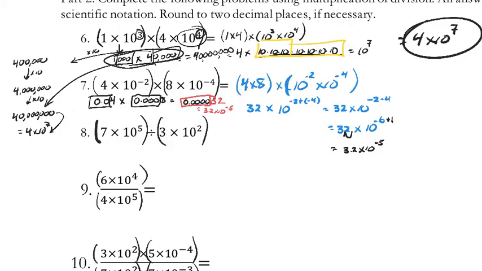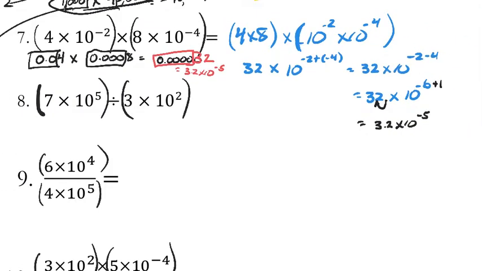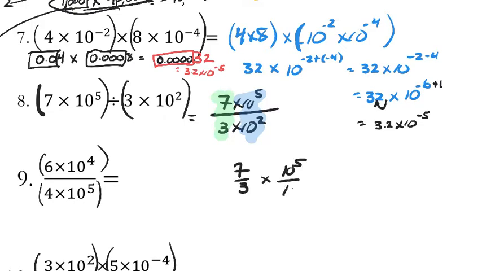Problem 8, we have 7 times 10 to the 5th divided by 3 times 10 squared. It certainly will not hurt you to rewrite that expression as a fraction. We can split up the coefficients from the exponents and get 7 thirds times 10 to the 5th over 10 squared. 7 divided by 3 would be the same as 2 and a third.